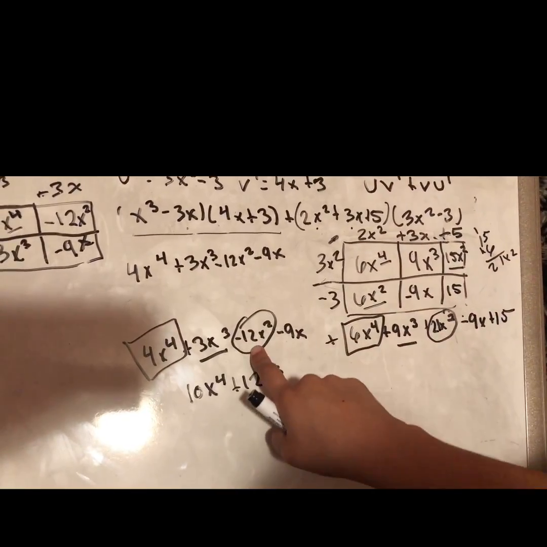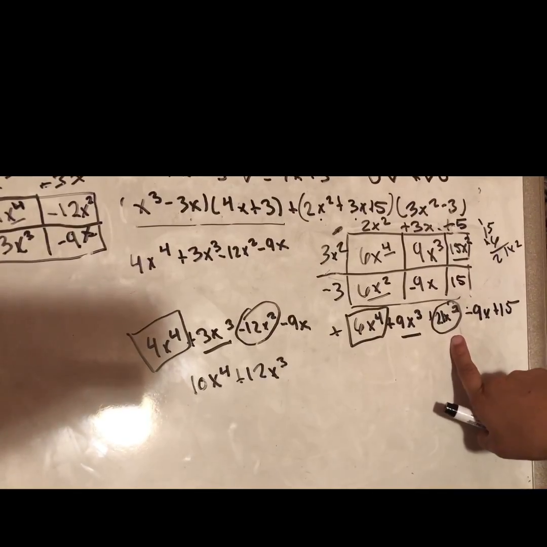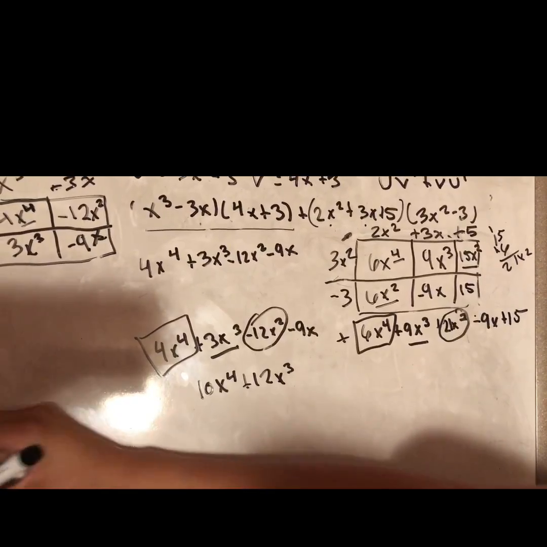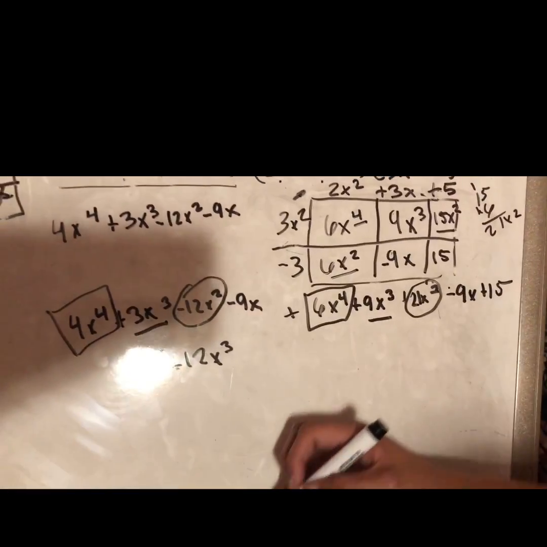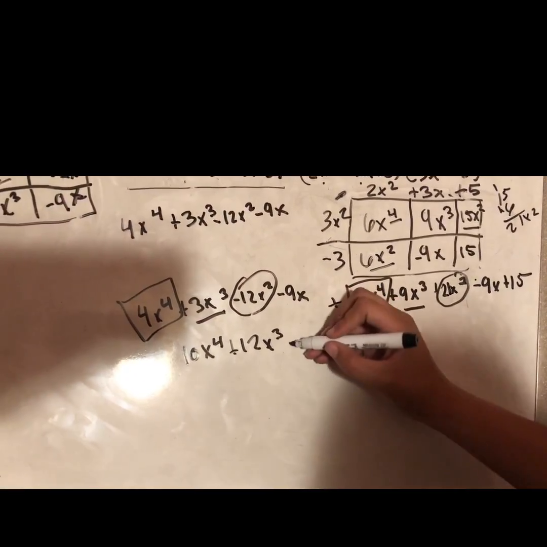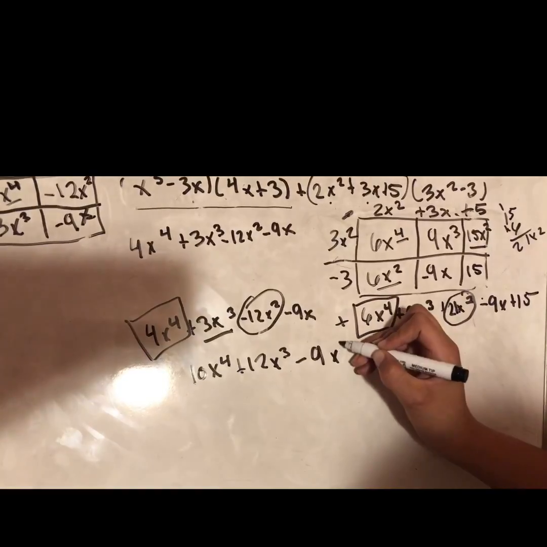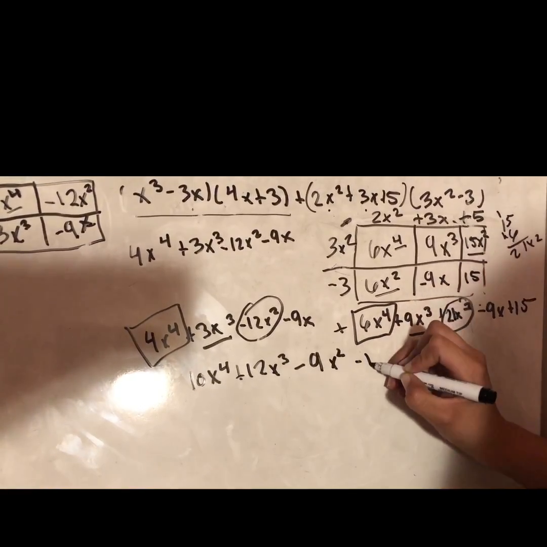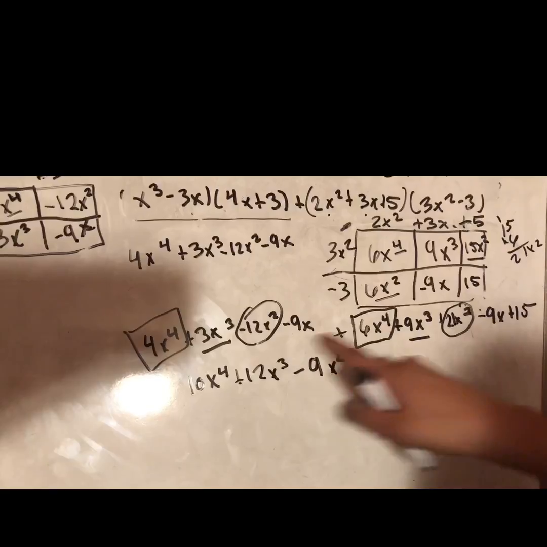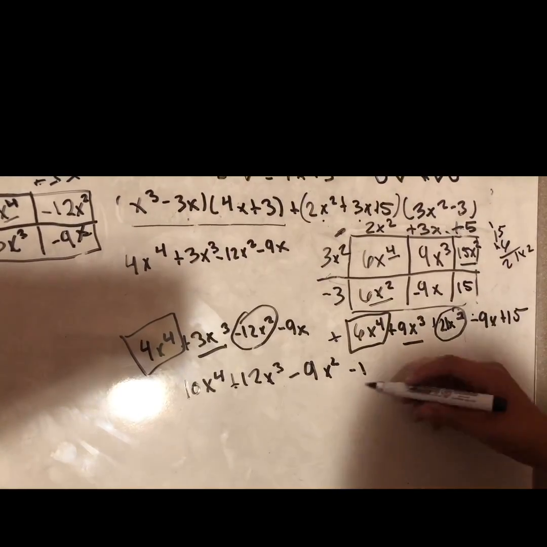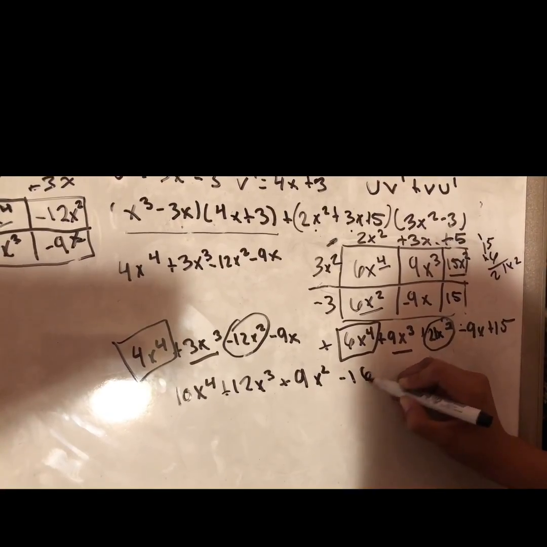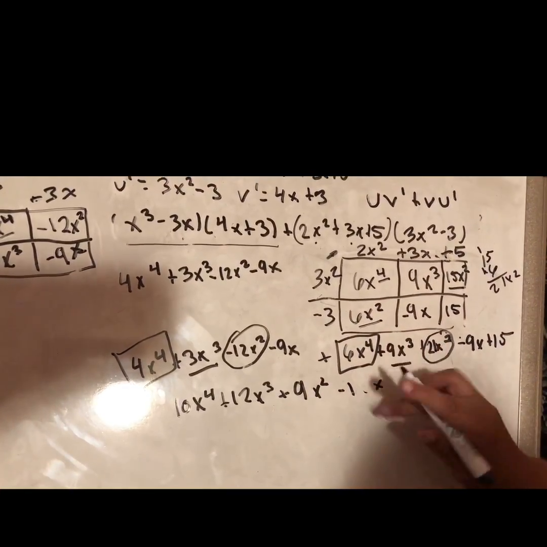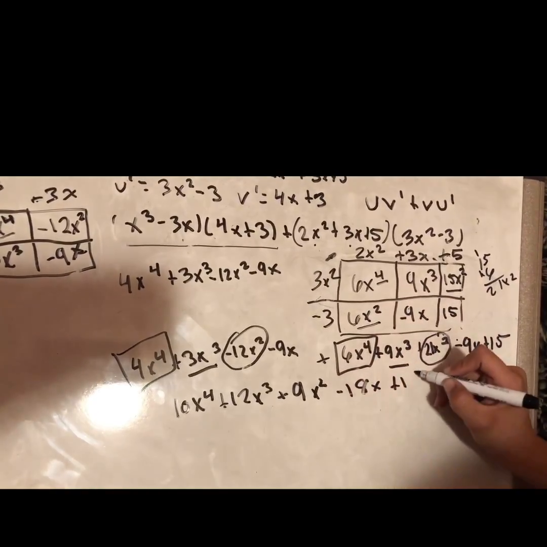So now negative 12x squared plus 21x squared is going to be 9x squared. Then negative 9x minus negative 9x, this is actually positive, is negative 18x, sorry, plus 15.